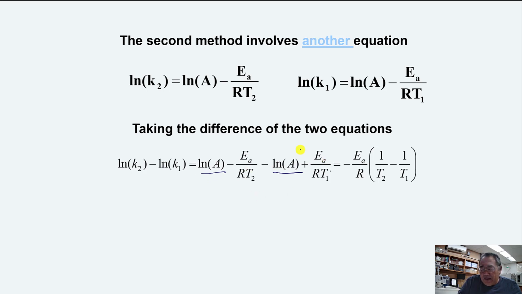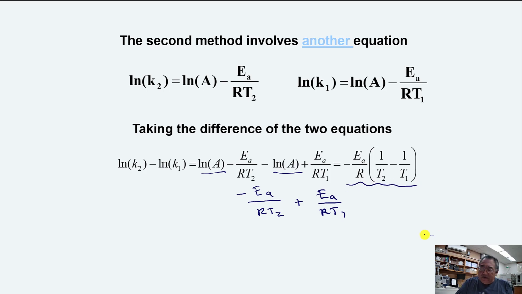So this middle part just becomes minus EA over RT2 plus EA over RT1. And then from that, I can factor out the minus EA over R, and I get this. Okay?